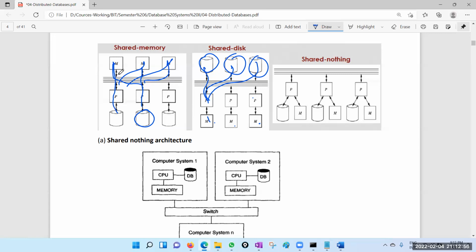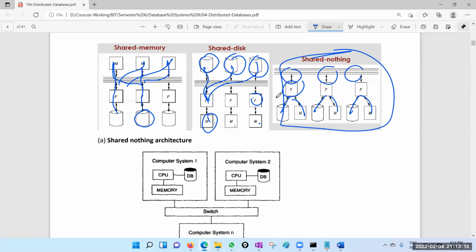So here the memory is shared. Here memory is not shared. For example, this machine cannot access this memory, but the disk is shared. And this is shared nothing: your disk, your memory, your disk, your memory, your disk, your memory. But they are close together in the same site.